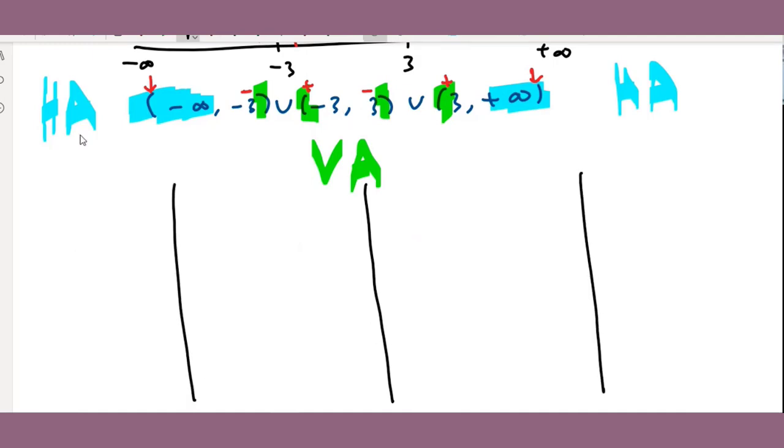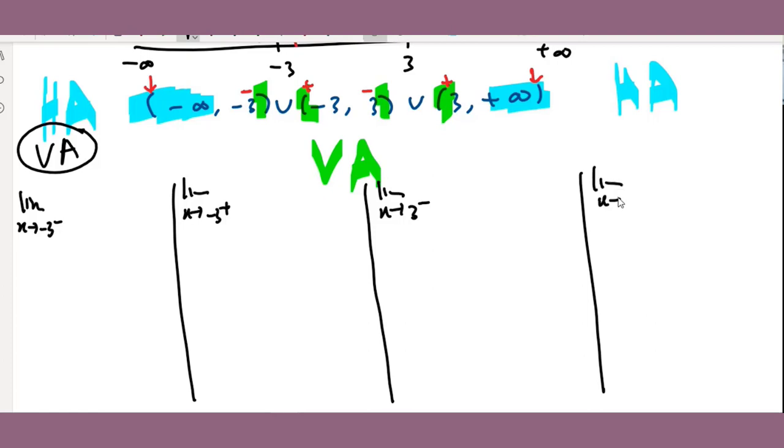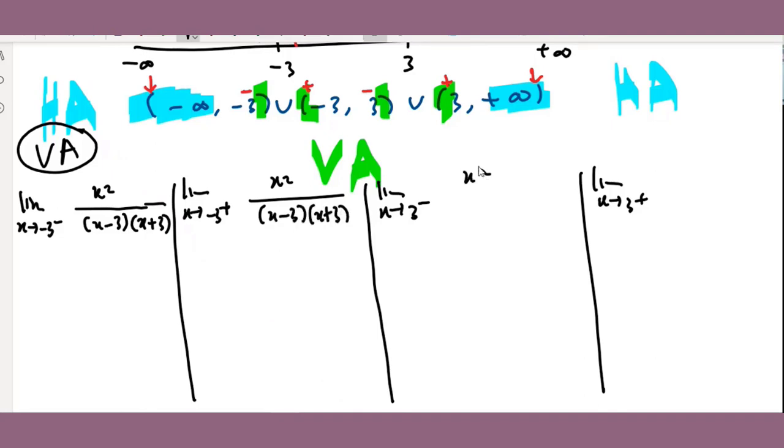First, let's check the vertical asymptotes: the limit as x approaches negative 3 from the left, negative 3 from the right, 3 from the left, and 3 from the right. It is better to factorize so it is easy to manage the values: x squared over (x minus 3)(x plus 3).